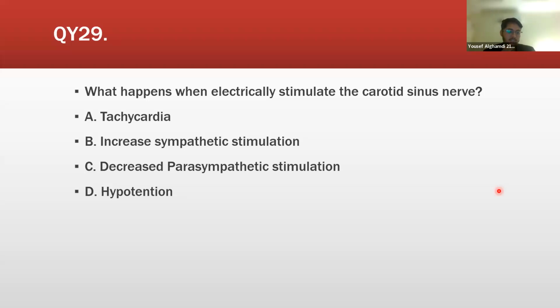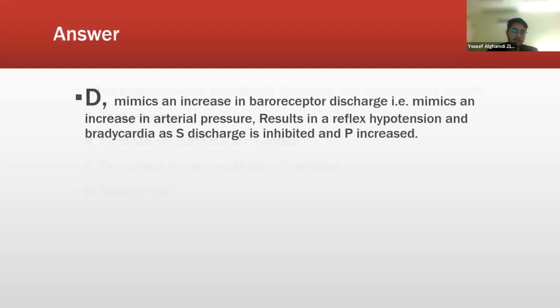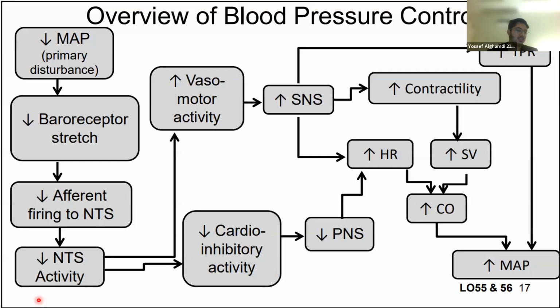So it's kind of like telling the body there's too much blood. So it will reflex bradycardia, which will lead to hypotension, right? So there will be less sympathetic and more parasympathetic discharge. Okay? And there are a lot of notes in the slide legends, by the way.